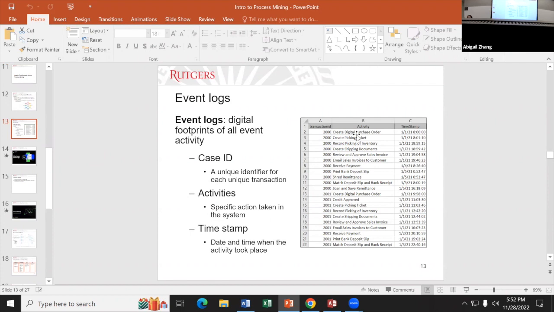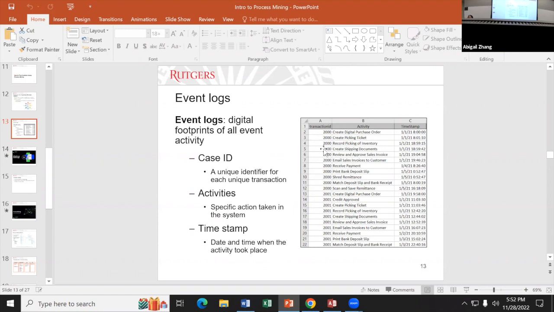For example, an activity can be this order was created, and then the timestamp is just the time when this activity happened. So from this event log, we can tell this particular order was created at this time, and this particular order was shipped at this time, and this particular order was paid at this time. So that's an event log, right?